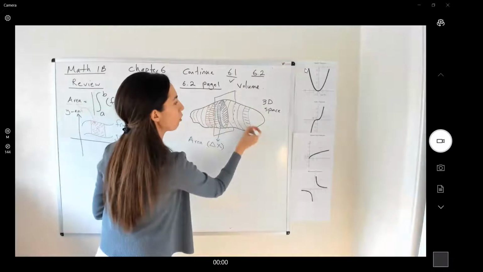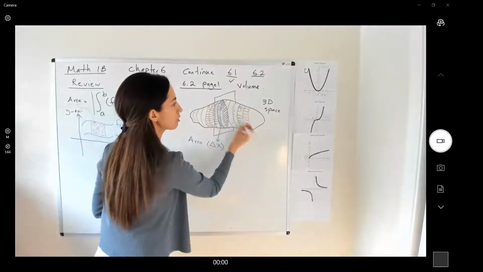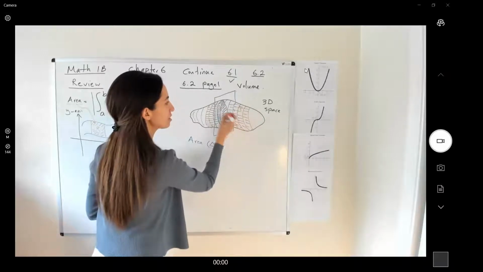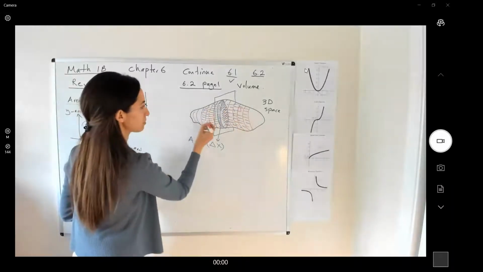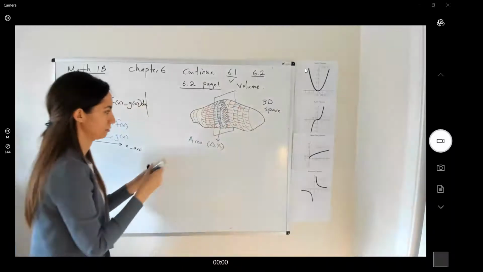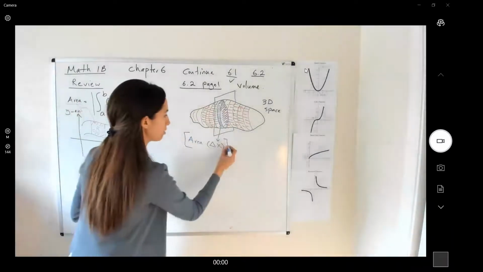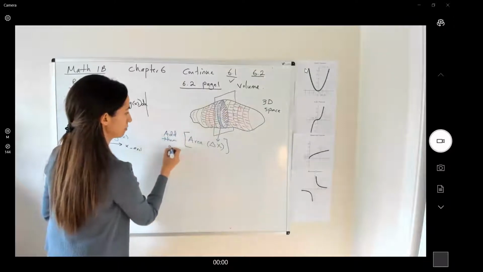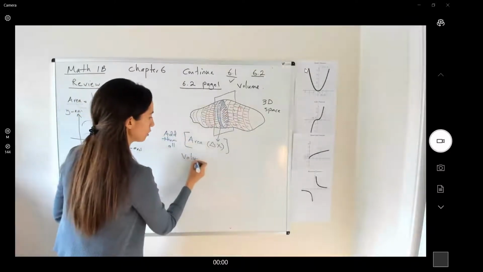So this is the whole idea behind finding the volume using these little areas. So add them on, and you get your volume.